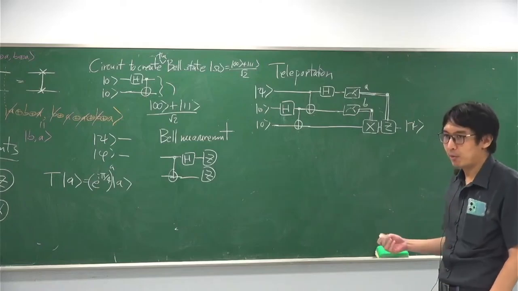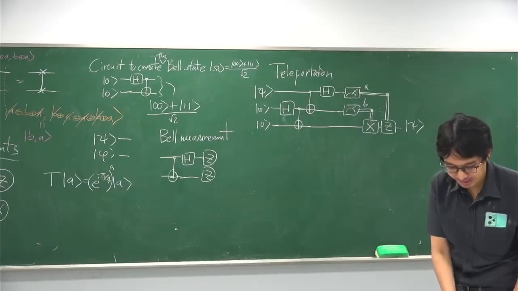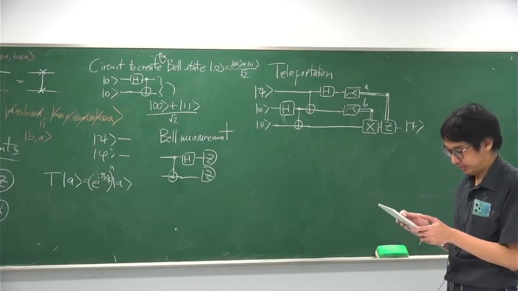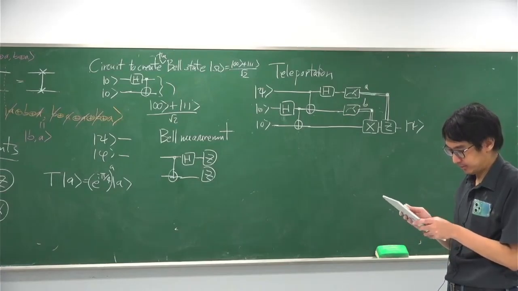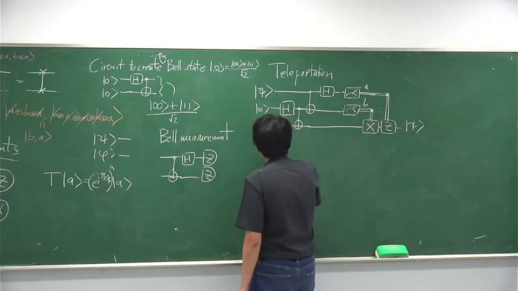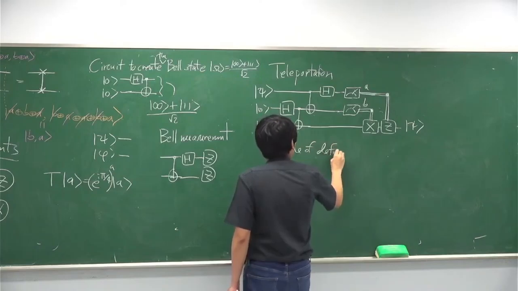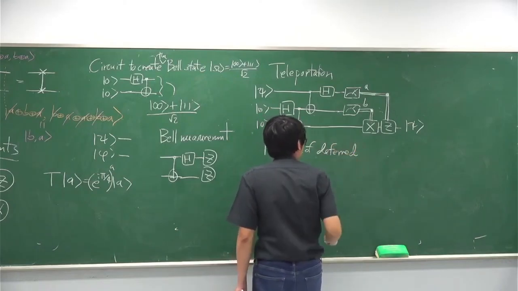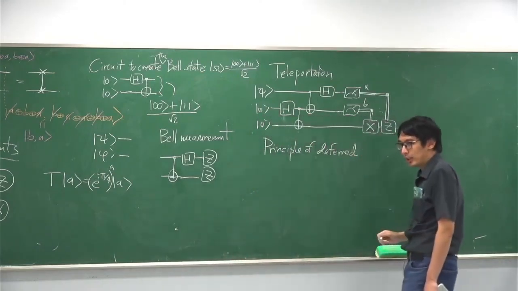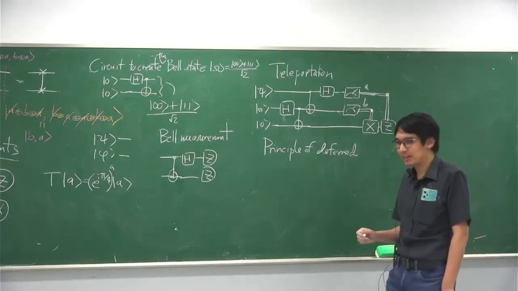I think in the fourth homework there will be some problem about the circuit. So I thought we would spend more time, but we have come closer to the discussion about the quantum eraser.